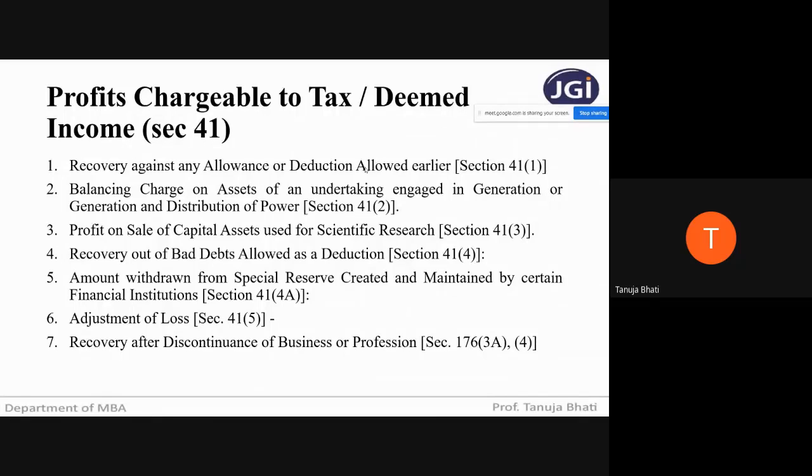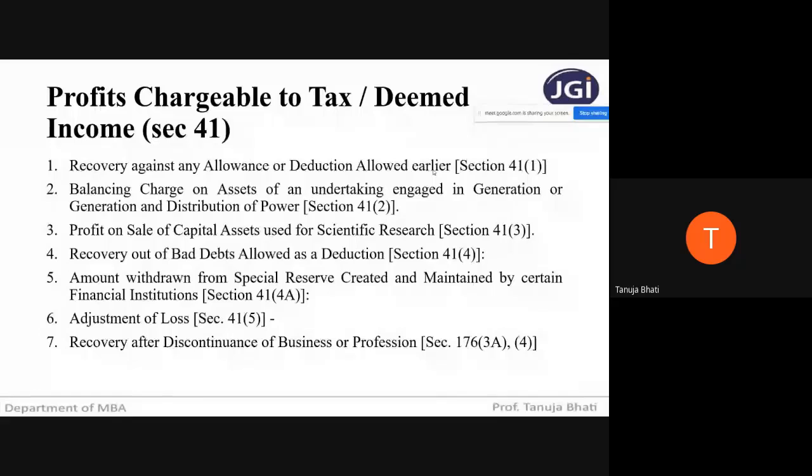So all these are nothing but a few categories which will be treated as a deemed income if received. I hope you have understood the first part. Recovery against any allowance or deduction allowed earlier means in any of the earlier assessment years you have taken the benefit of that allowance or deduction, and that is an expenditure or loss, and in the previous year, the year in which you're computing income, you have recovered that amount.